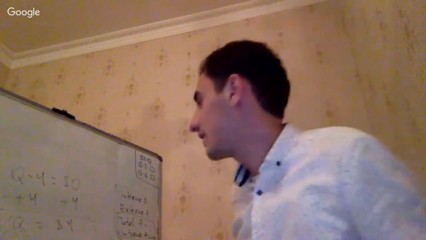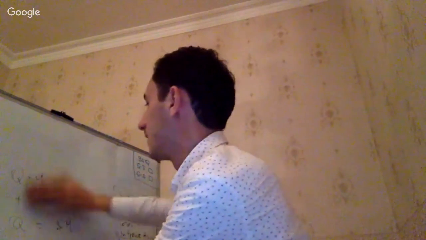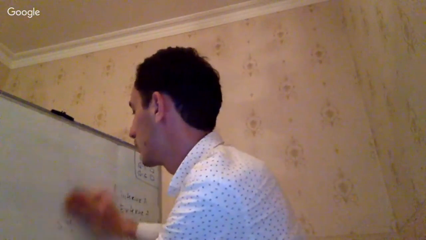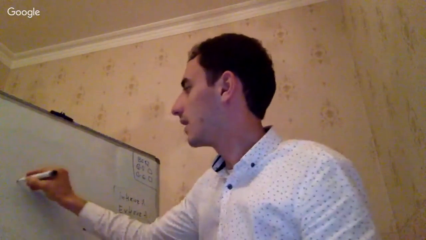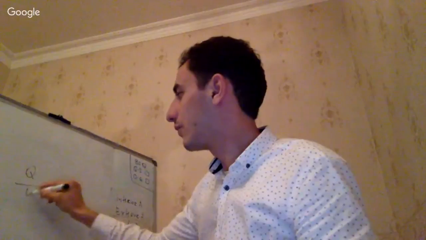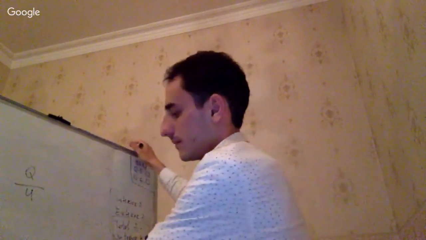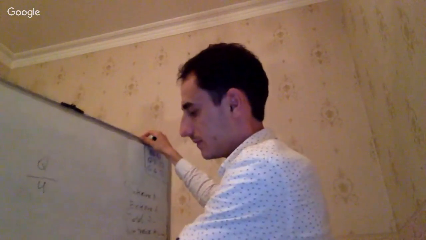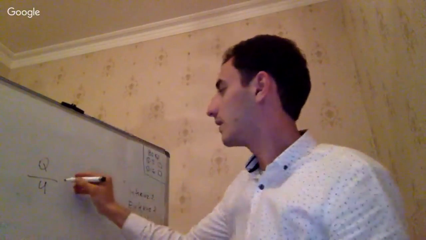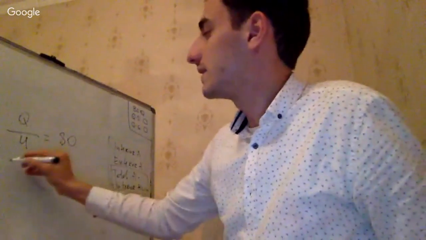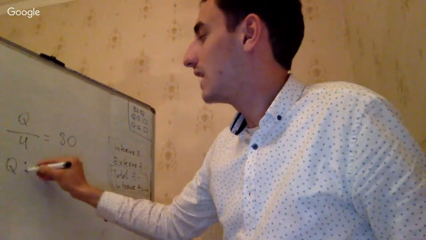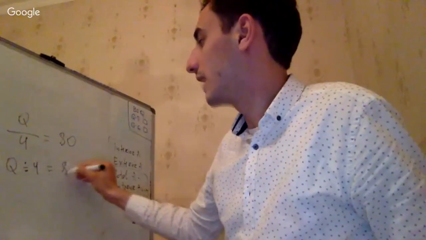Q over 4, you mean? But we have written Q minus 4. Okay. Q over 4 is equal to 80, right? Q over 4 means Q divided by 4 is equal to 80.